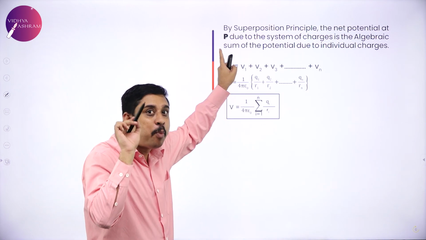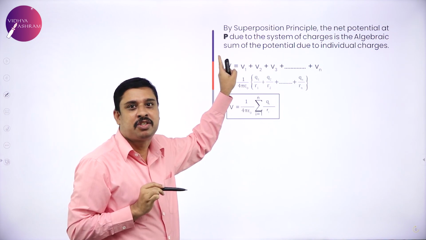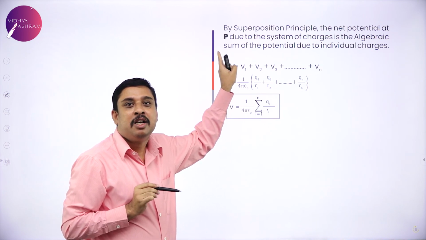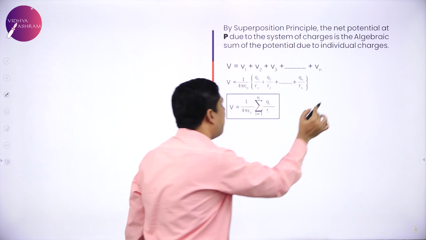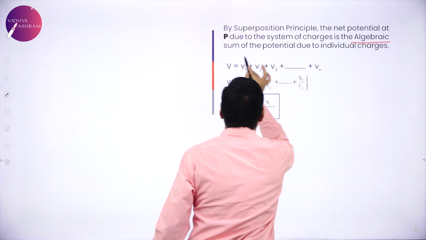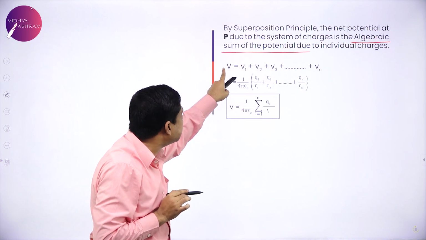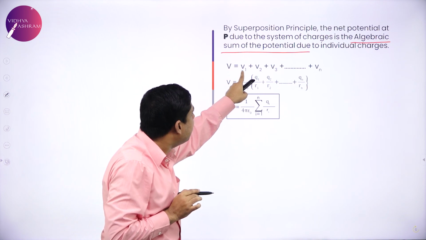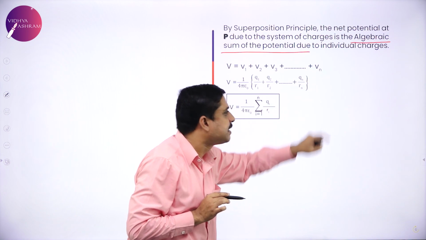I want the potential at P due to a system of charges. So what do I use? Superposition principle. I will find the algebraic sum of the potentials. That is, resulting potential is V1 plus V2 plus V3 etc. Vn.